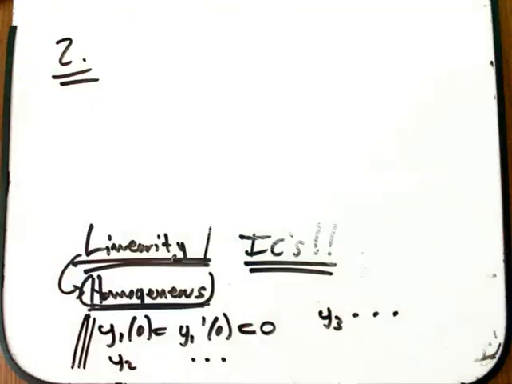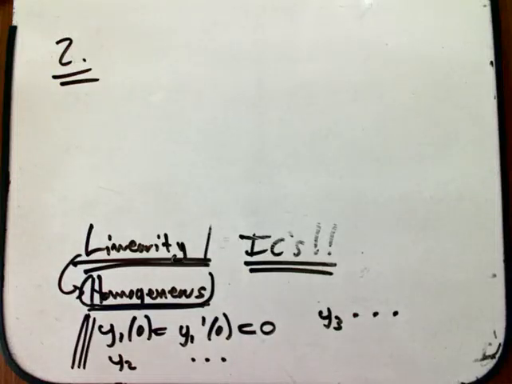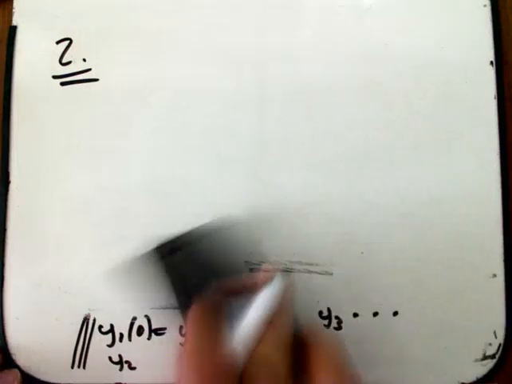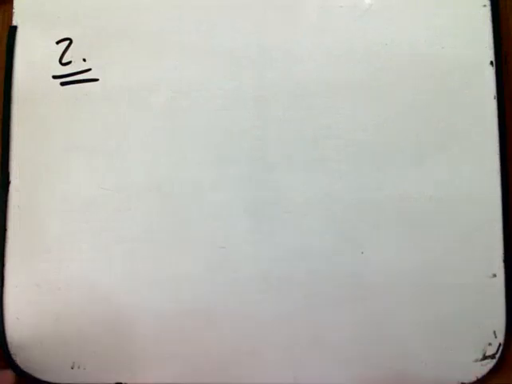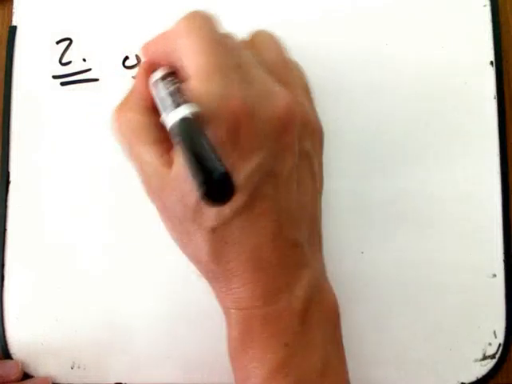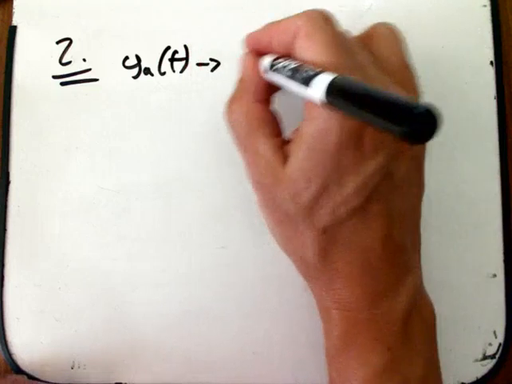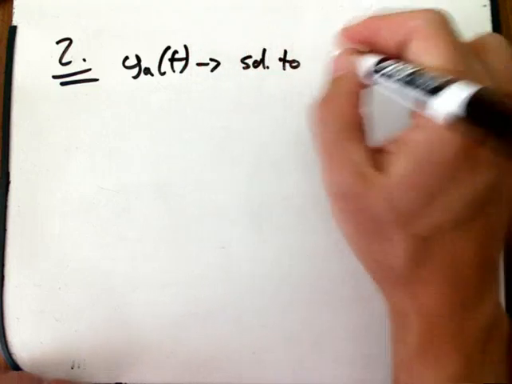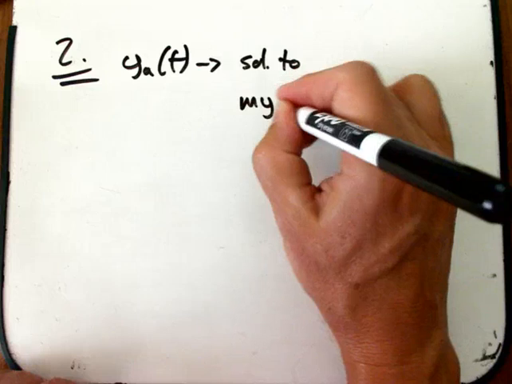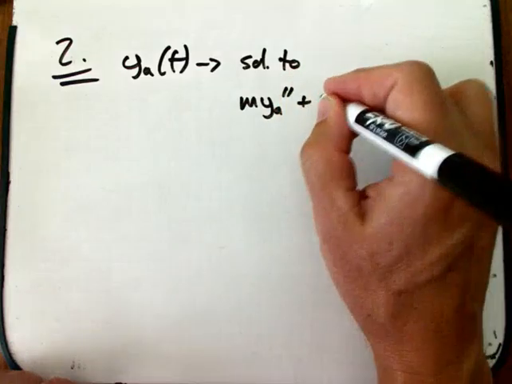Wow, we only got through number 1 of the very first handout. That's okay. So part 2, the simple hammer. With a little bit of a change in notation, hopefully it's not too confusing, we'll denote y sub a of t. Now that's that time value. That's the solution to y sub a.